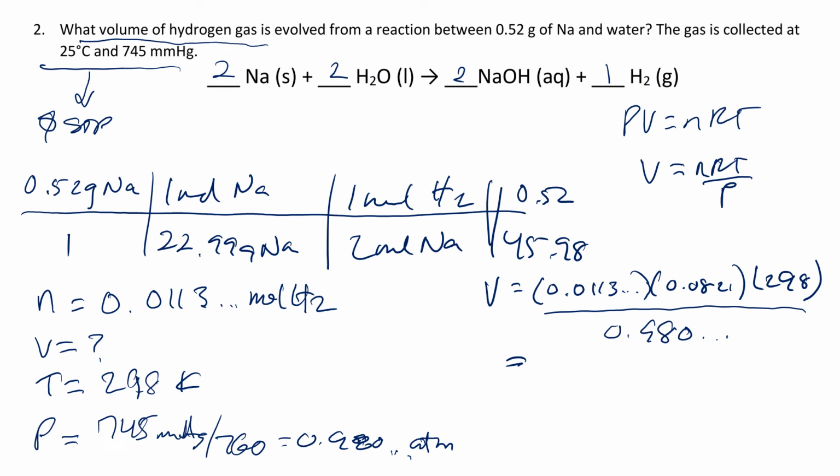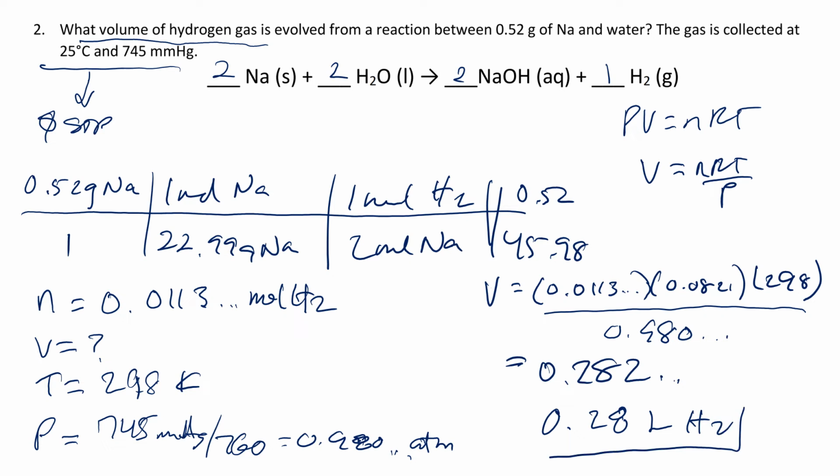So my moles times 0.0821 times 298, that equals 0.27669 something. Divide that by my pressure. I end up with 0.282. So my answer will be 0.28 liters of H2. Box that in.